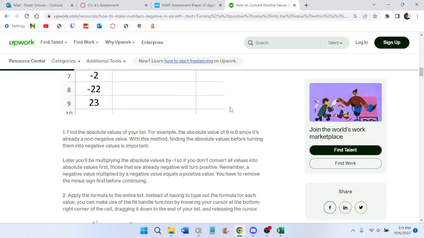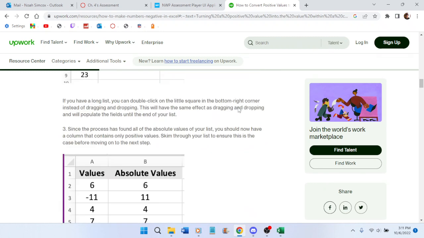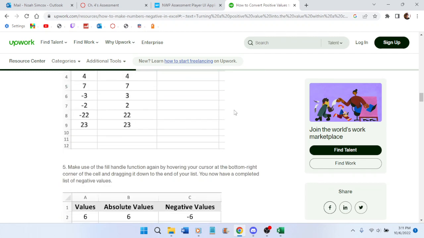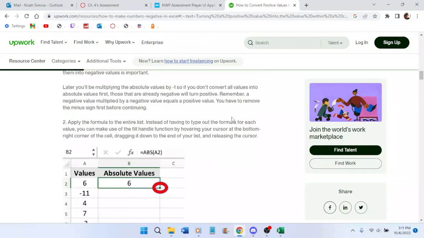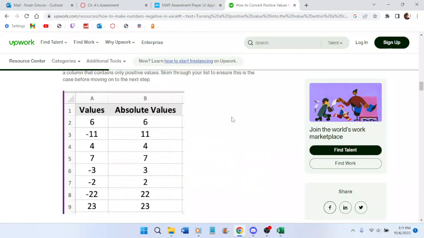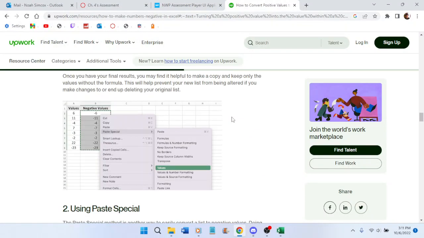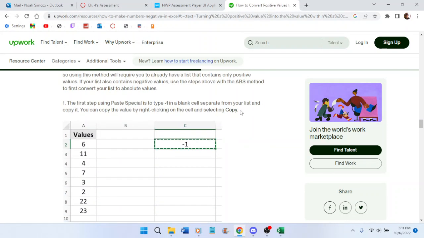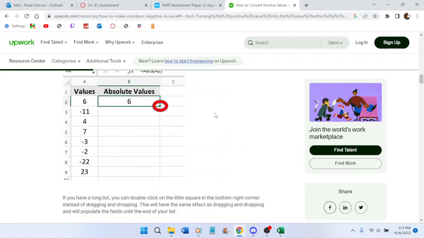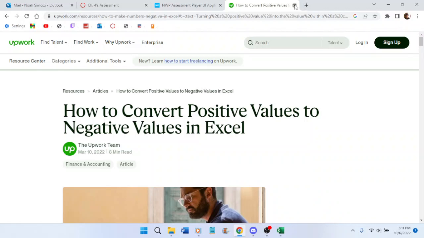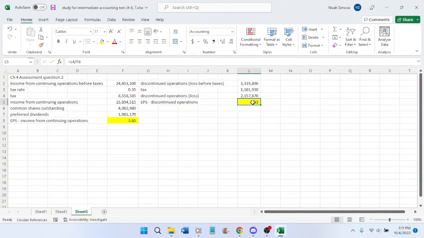Changing it to positive, that changes it from a negative into a positive. Are you serious? That's more complicated. All these methods are so complicated. Just putting a negative sign would have been fine. I'm going to put a negative sign here. And there you go.